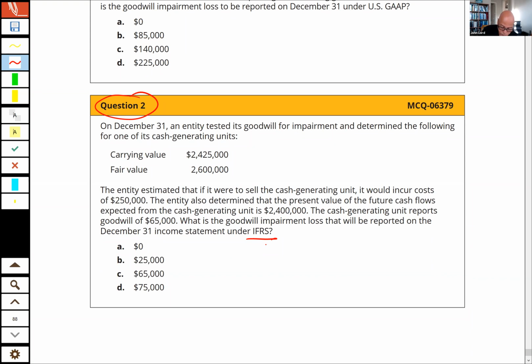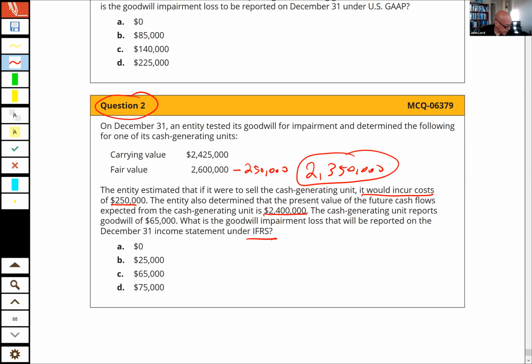First, I've got to figure out what's greater, the fair value less costs to sell or the present value of the future cash flows. So I subtract that 250,000 costs that they would incur to sell, and now I get 2,350,000. Which one's greater, 2.4 or 2,350,000?